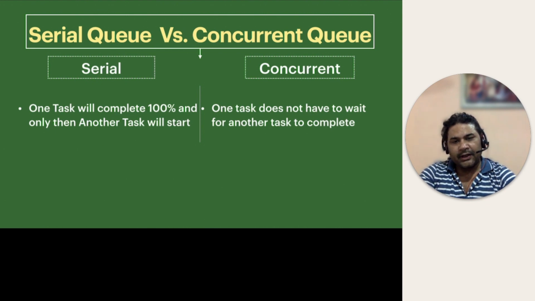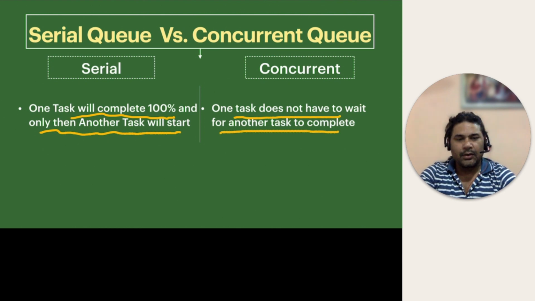Without completion of one task, another task cannot start in serial. In concurrent, one task does not have to wait for another task to complete.